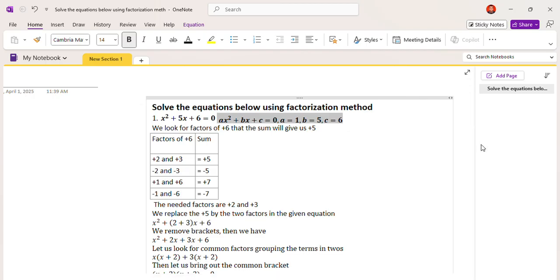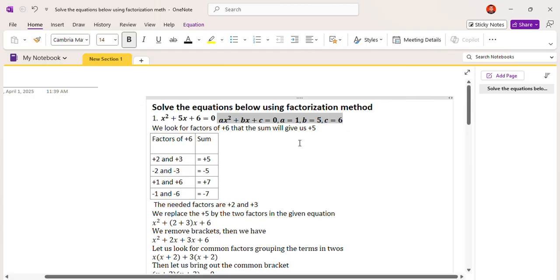That means our a is 1, because in front of x squared is the value of a, and since nothing is written there, it is 1. Then our b is the value that precedes x, which is 5. Then our c, which is the constant, is 6. Then everything equals 0.